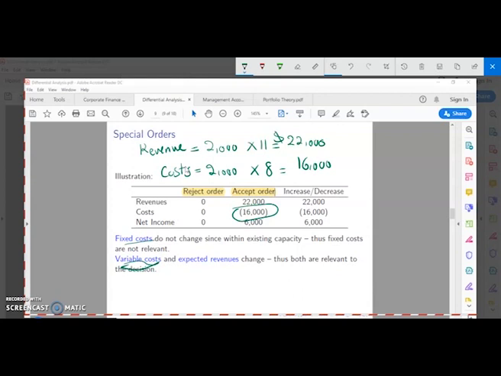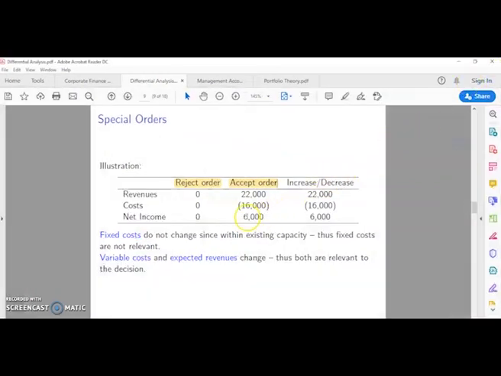So in this case, I will have $16,000 additional variable cost. And the difference between 22,000 and 16,000 is 6,000, which is the net income I will make out of this order.